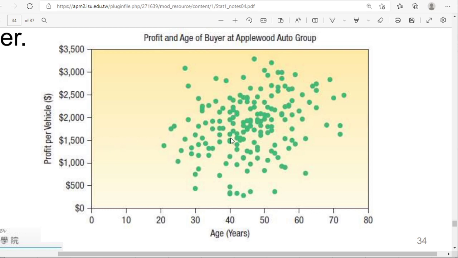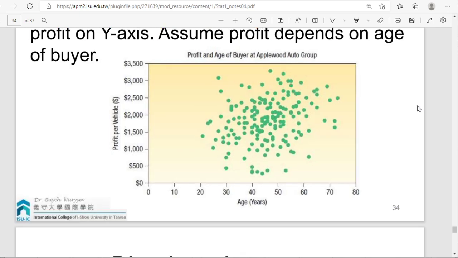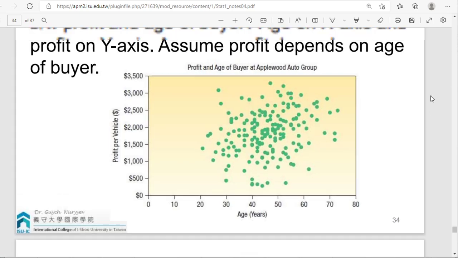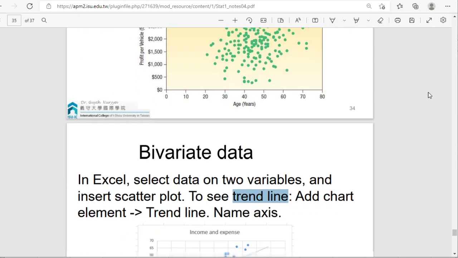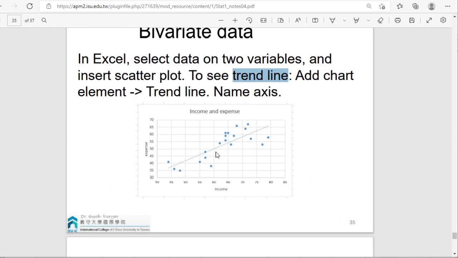So even if the trend line is a little bit positively or negatively sloped, this small degree of slope might not really have much meaning. It's usually when the slope of the trend line is greater that we do have a meaning, and there is a positive or negative relationship between the variables.